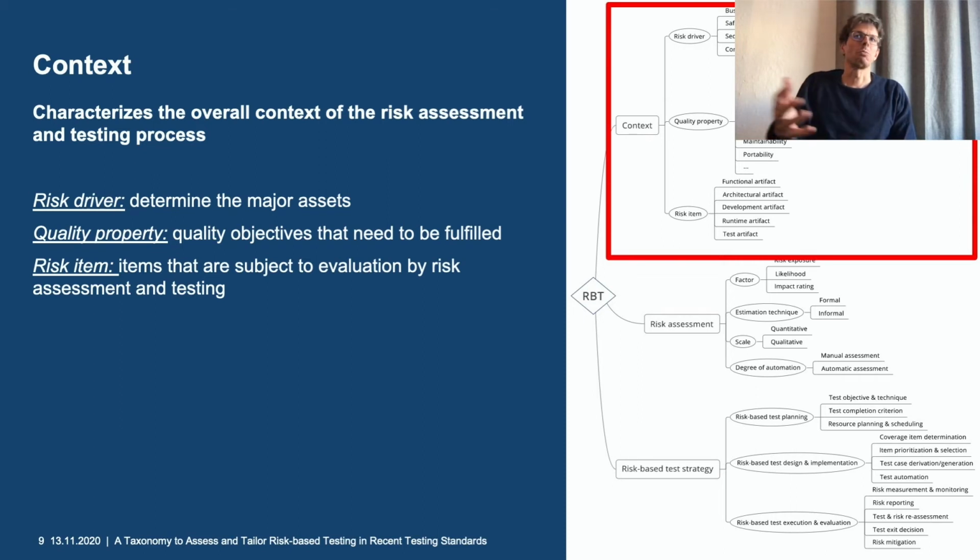This answers the question: what is analyzed? It could be a functional artifact like a software unit, an architectural artifact, or a runtime artifact like a library. So there are different things that could be subject to your evaluation, and this is covered by the risk item.